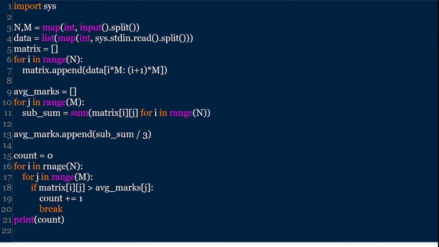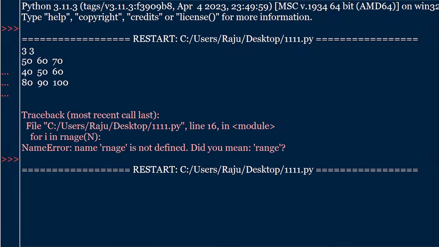So what we do is we will run this code. Now it is expecting the input here. You can see in the IDLE command prompt, it is expecting the input, so we'll pass the input here. 3 is n and m values.